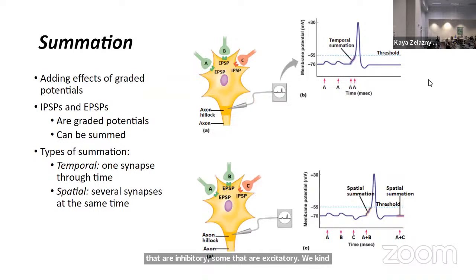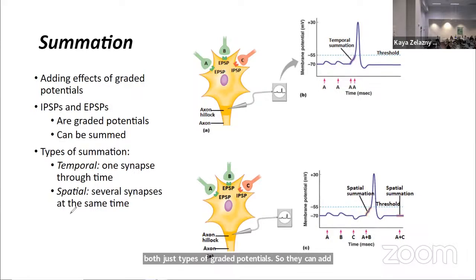So adding them together is really what we talked about at the beginning when we said graded potentials can sum spatially, temporally. This is happening when we have convergence on a postsynaptic neuron as well. So we're just adding together the effects of graded potentials. So our IPSPs are inhibitory postsynaptic potentials, and our excitatory postsynaptic potentials, our EPSPs, are both just types of graded potentials, so they can add together in the ways we talked about before.